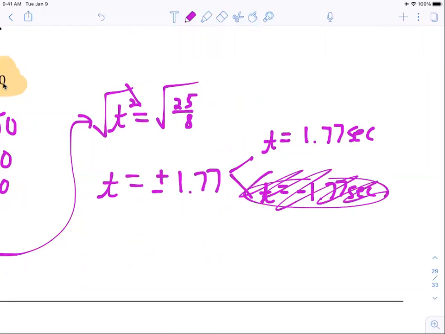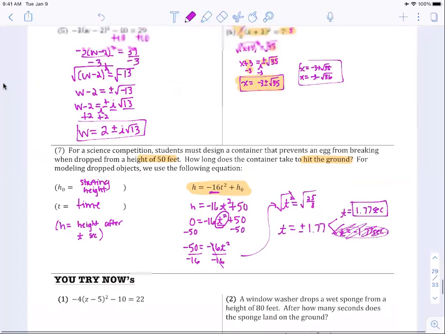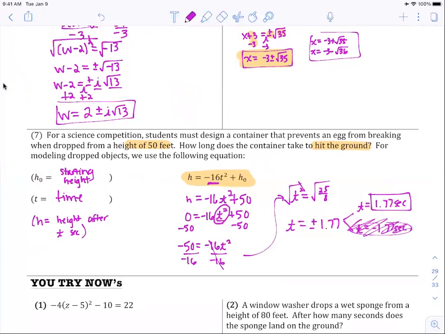Whenever it comes to word problems, we basically ignore the negative answer because it doesn't make sense from a real world perspective. So how long would it take that egg to reach the ground? It takes about 1.77 seconds if it was dropped from a height of 50 feet.